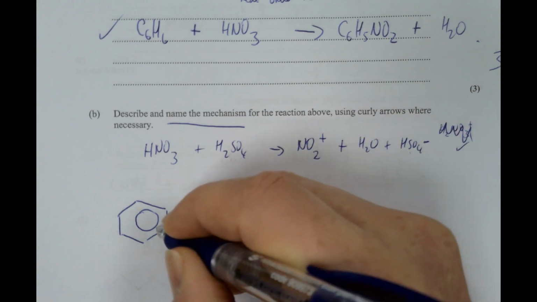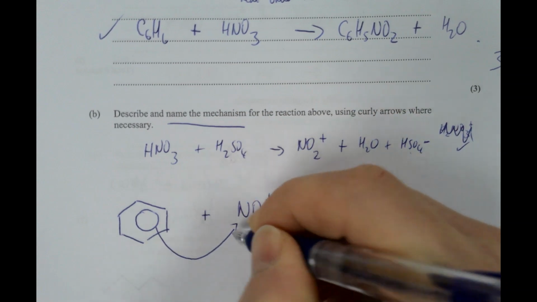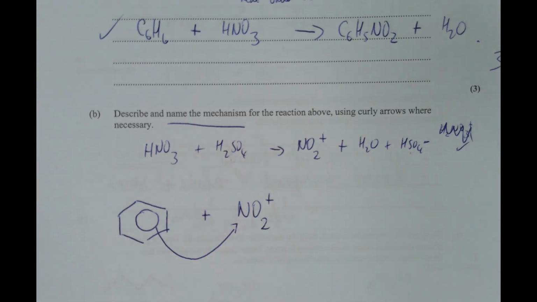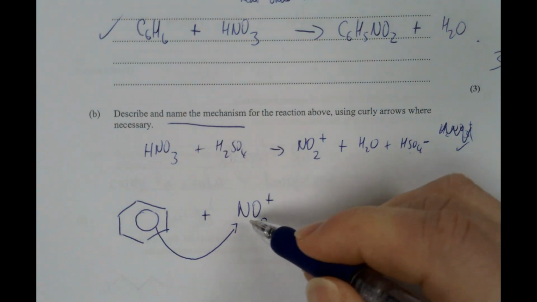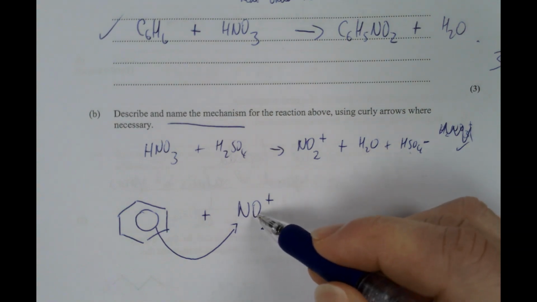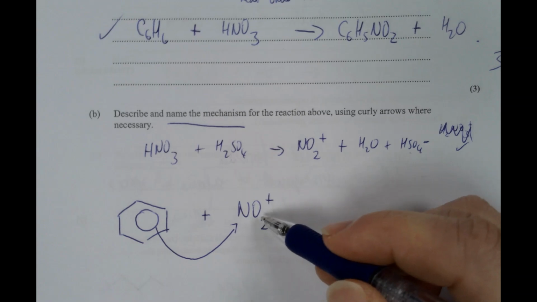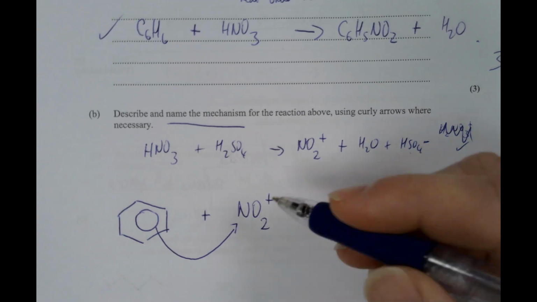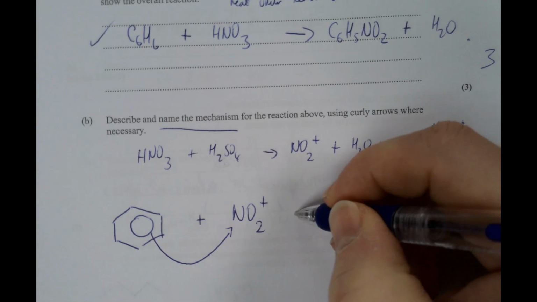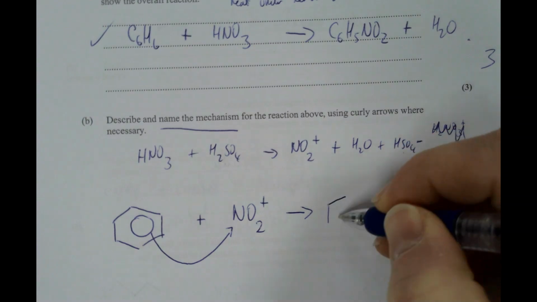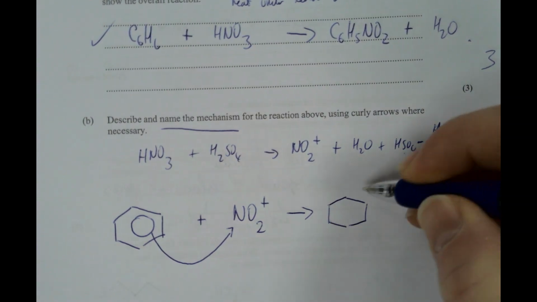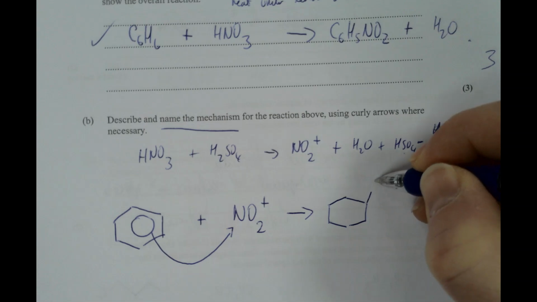So the way that it works is the electrons that make up that pi system, so 2 of those electrons, attack the nitrogen of NO2. If you want to be convinced why it's the N that's being attacked, I'd suggest drawing the Lewis structure of NO2. Perhaps see it better. Then we form the intermediate.